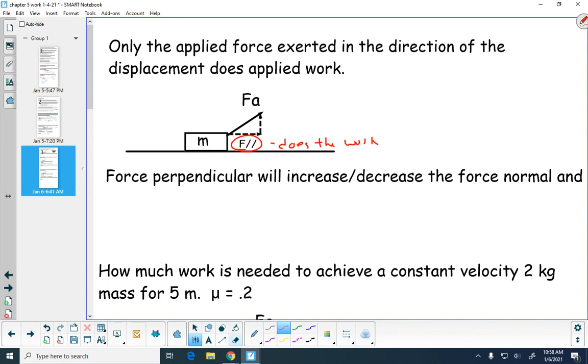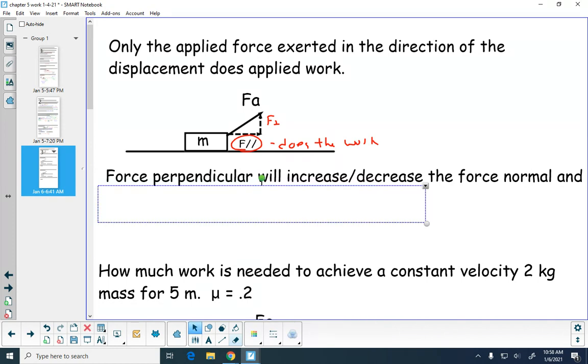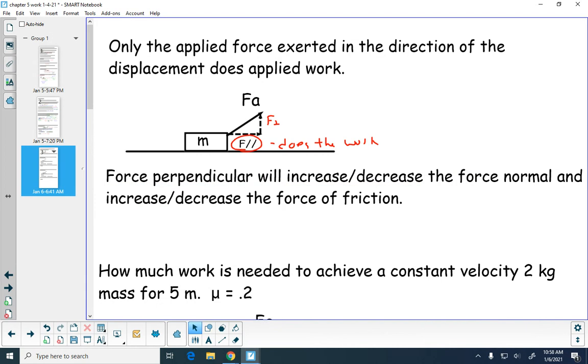The perpendicular force will increase or decrease your normal force, which will increase or decrease your force of friction.